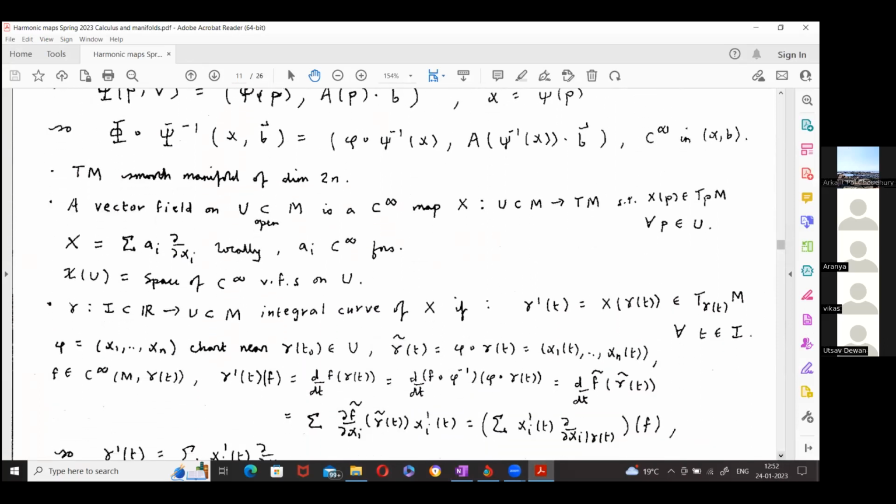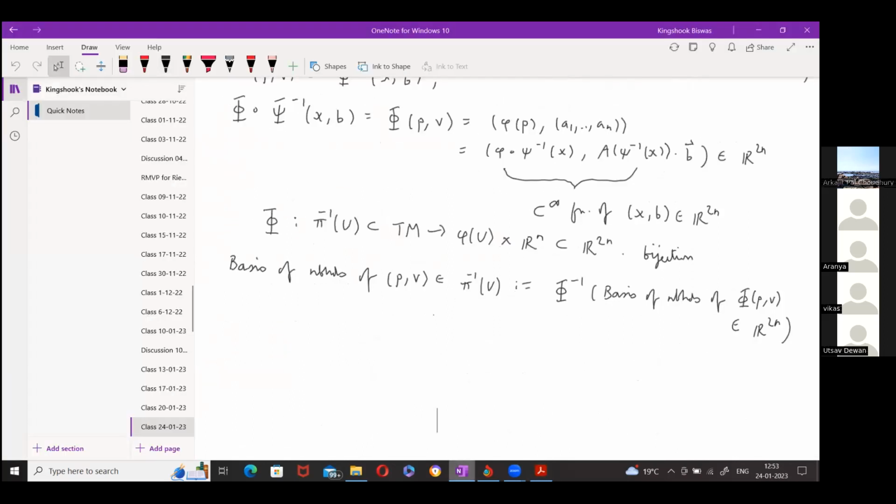If this all seems kind of abstract, let me give you a concrete example. If you look at the tangent bundle of S^2, that is pretty easy to write down as a manifold of dimension 4. At each point, what will the tangent space look like?